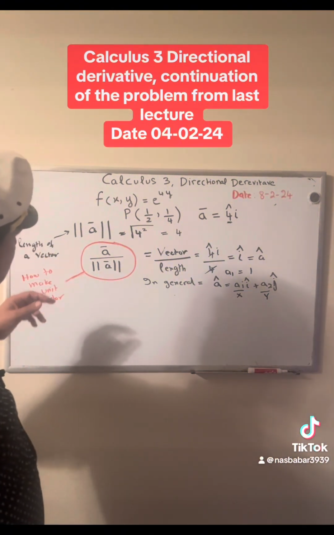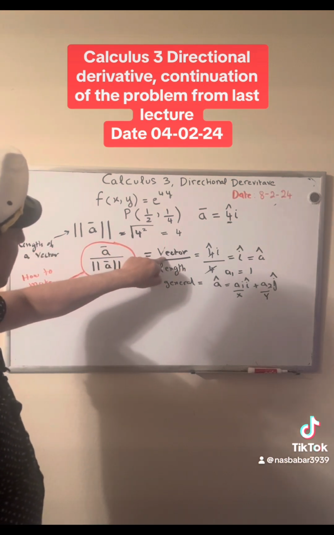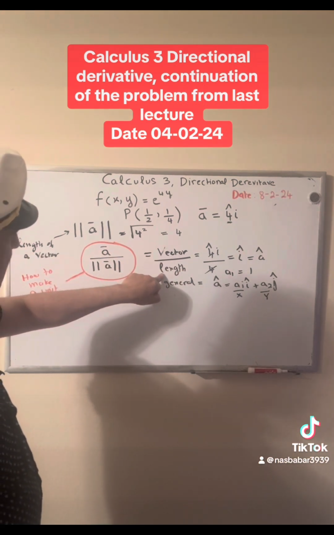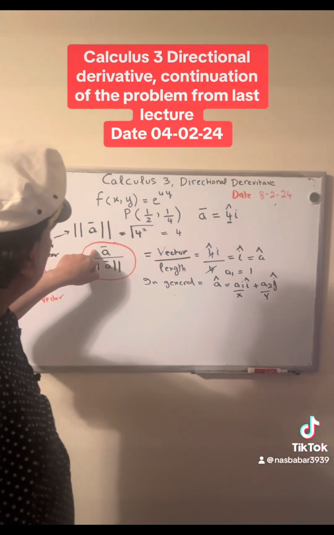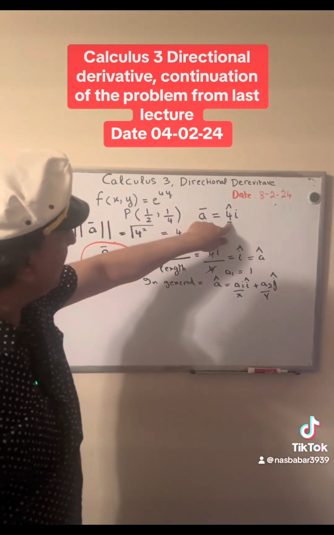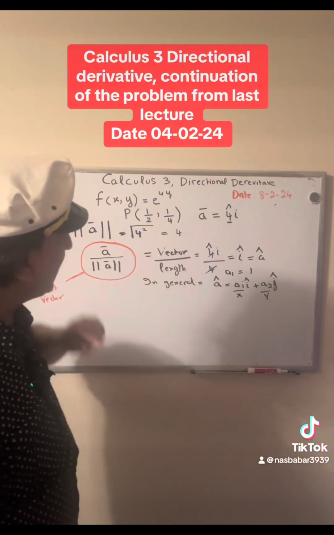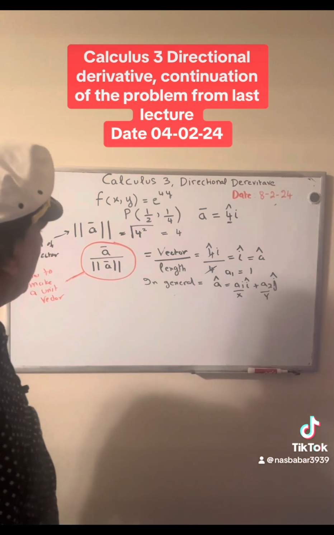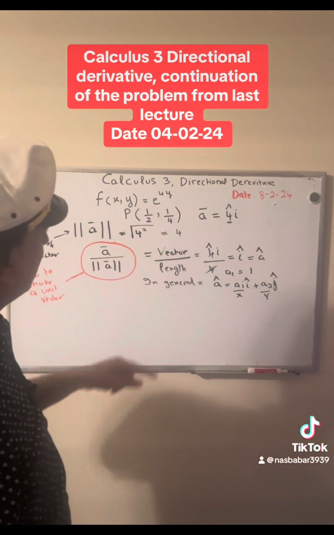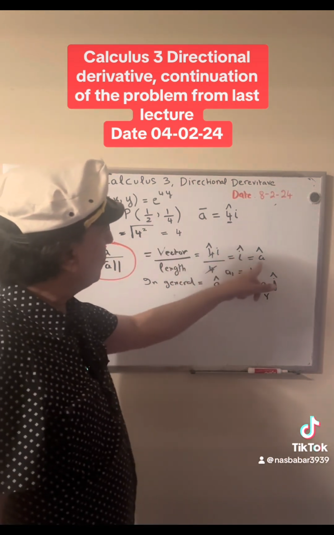So now what we do is that we take the vector itself and divide it by length, okay, to make it a unit vector. So what is the A, the vector which was given to us right here, 4I with a hat, divided by the length, which is 4, right? We calculated that. And then I hat is equal to A hat.